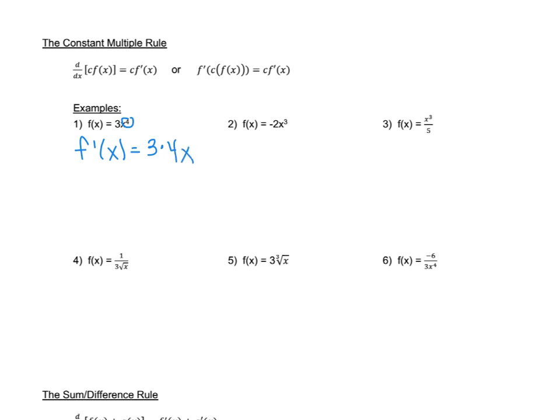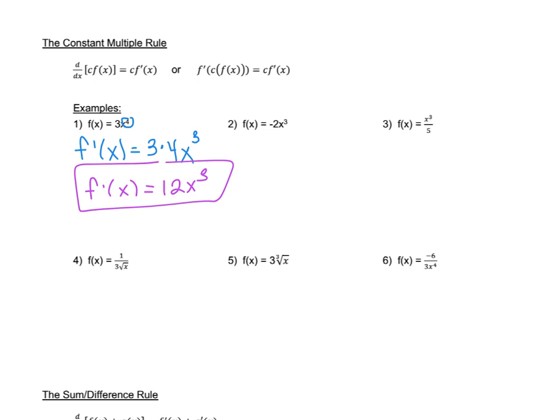So the 3 gets multiplied by the 4, and then you subtract 1 from 4 to get the new exponent of 3. So this derivative simplifies to 12x cubed. So the constant multiple rule just says if there's a constant out front of your function, you just multiply it by the derivative of whatever the function of x is.